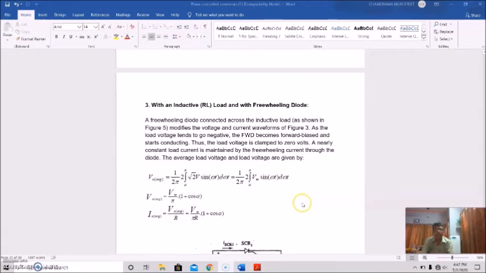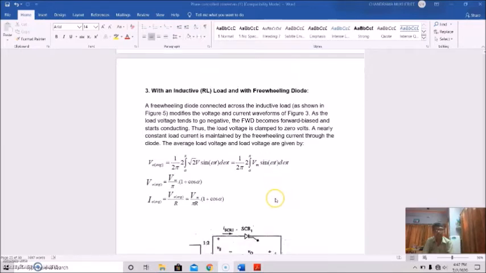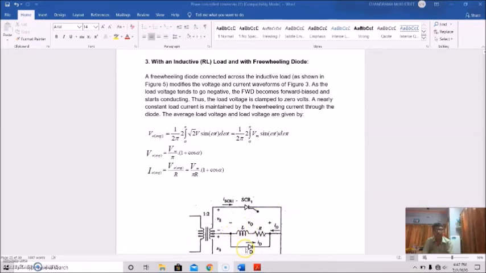So actually, as the load voltage tends to go negative, the freewheeling diode becomes forward biased and thus starts conducting. Okay, so this will start conducting, and this load voltage is clamped to 0 volt.